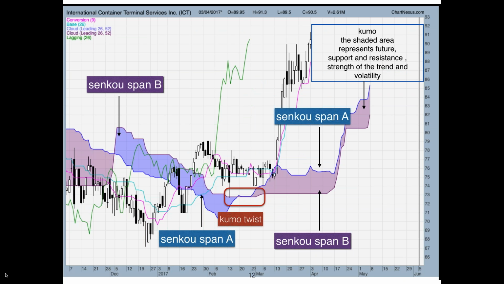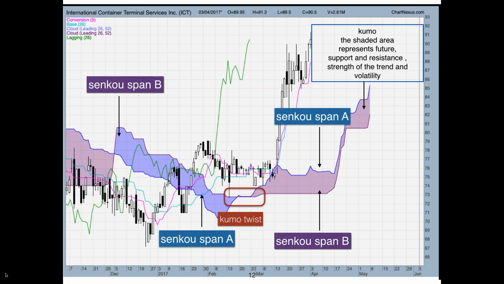Now the Senkou span A is also known as the leading or the preceding line 1. It is the average of the Tenkan-sen and Kijun-sen for the past 26 periods, but it is plotted 26 periods ahead. Senkou span B is also known as the leading line 2. It is the average of the Tenkan-sen and Kijun-sen for the past 52 periods, but it is also plotted 26 periods forward.